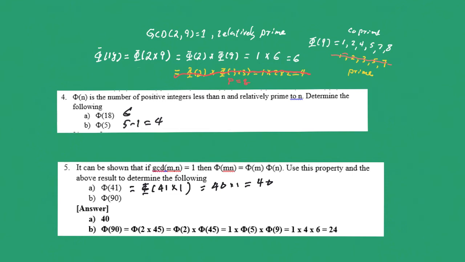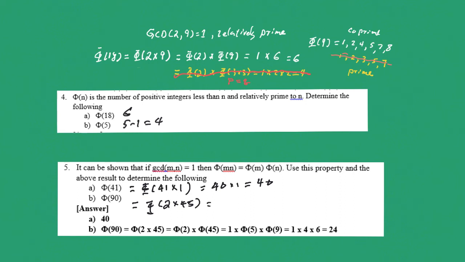And for 90, again, you break it into co-prime numbers. Make sure they are co-prime, and these two numbers are not the same. So you do 2 times 45. Now 45 is not a prime number, but 2 and 45 are co-prime.